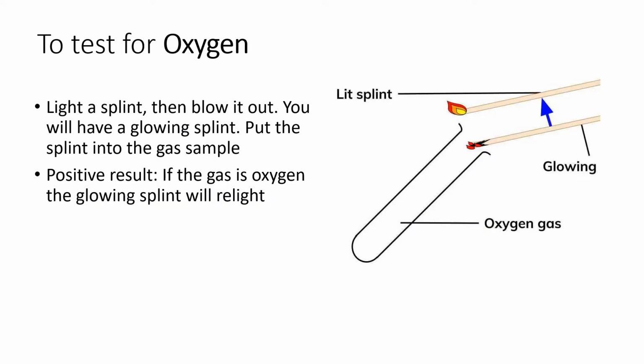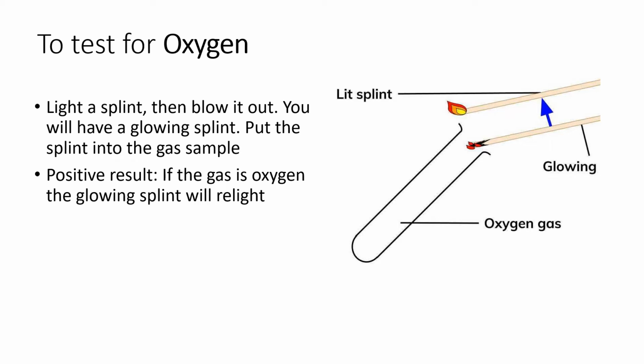Okay, so our next gas is oxygen. Again, oxygen does come up in key stage 3. You would have done it in GCSE as well. Very simple procedure again. This time you take a lit splint and you blow it out, and that will give you a glowing splint. And then you would put that glowing splint into your gas sample, and if the gas is oxygen, it will relight the glowing splint.